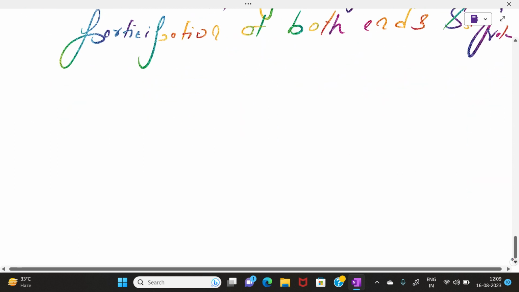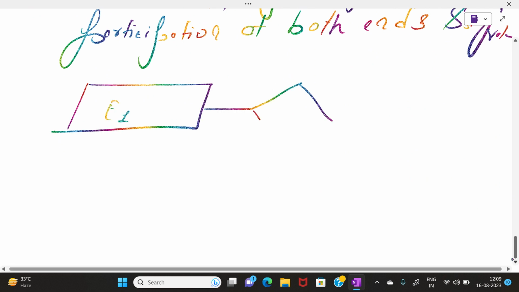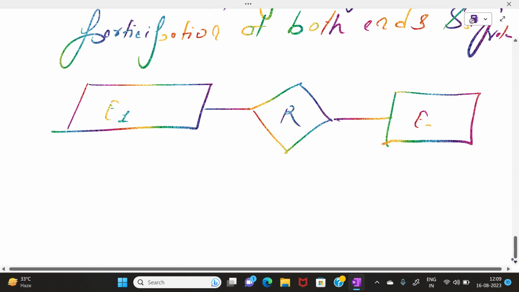So if we are considering this, then definitely we have E1 here, and it is a 1:1 mapping, right? And there is partial participation, meaning all values are not connected to every value of both the entity sets. So it is like this.